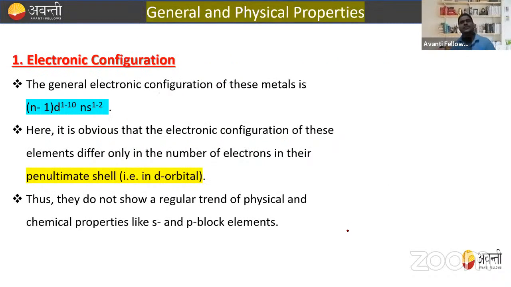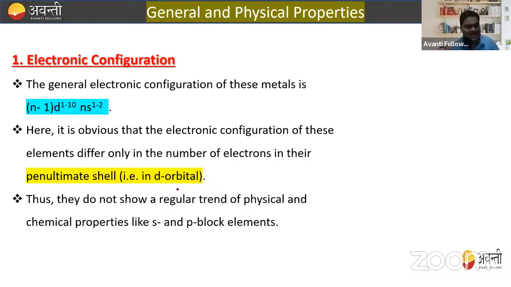Now, what next? The general and physical property that we are going to study here is the electronic configuration. So first of all, we need to understand what electronic configuration they show. Basically, the general electronic configuration of these metals is (n-1)d^1-10 ns^1-2.